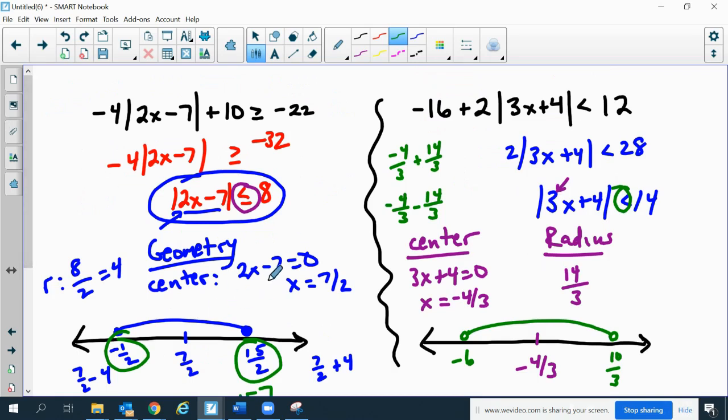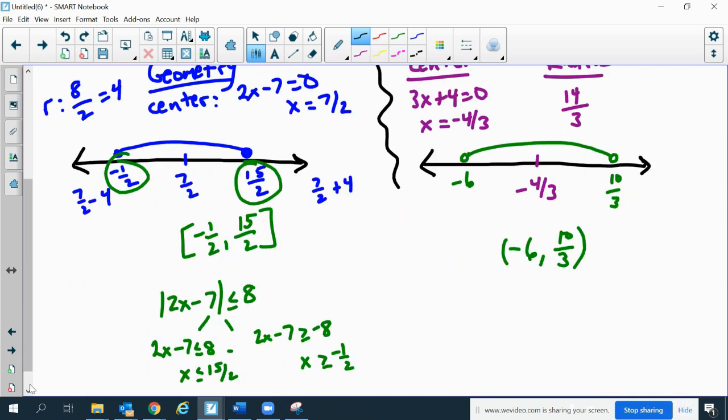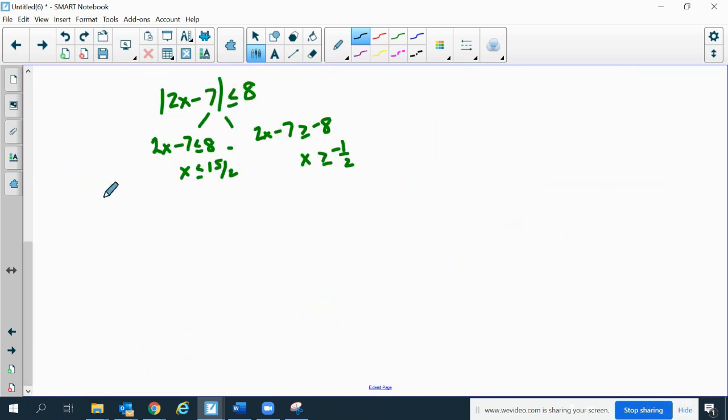And of course, this still works even if we restrict the domain. So for example, if I restrict the domain of the previous problem to only be integers, I can still do this. So my original answer was negative 1/2, 15 halves.